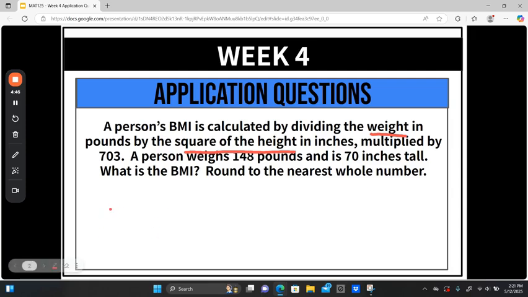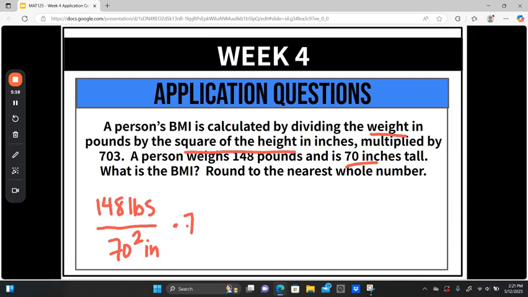So let's take the weight in pounds, which is 148 pounds, divided by the square of the height in inches. So the height is 70 inches tall, and we need to take the square of that. So it's going to be 70 squared and then inches, multiplied by 703.